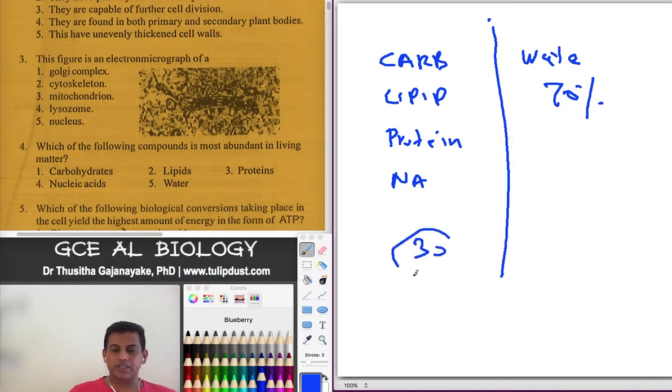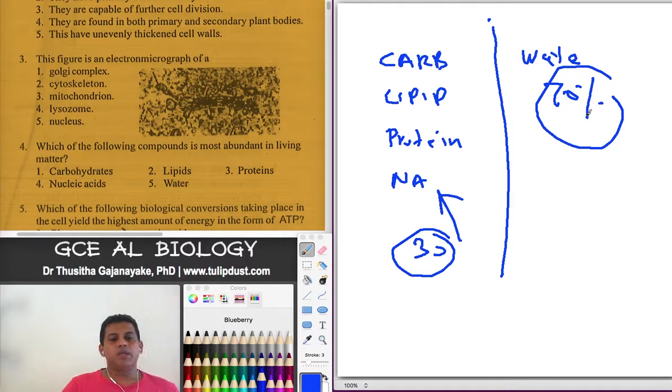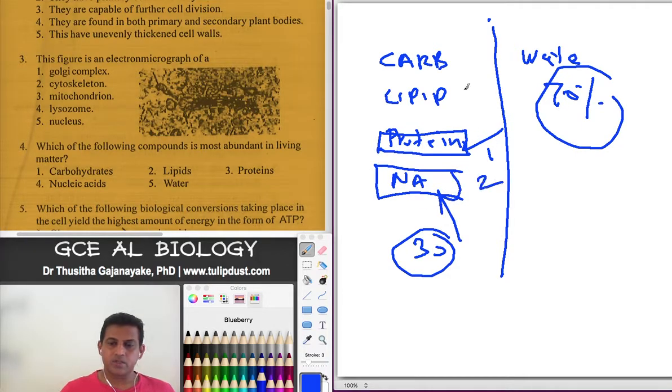The rest, 30%, is this one. So it's already clear the answer. Water is 70% of the living organism, so the most abundant one is water. Out of that, protein is next in this category. Protein is number 1, nucleic acid is number 2, lipid is number 3, carbohydrate is number 4.